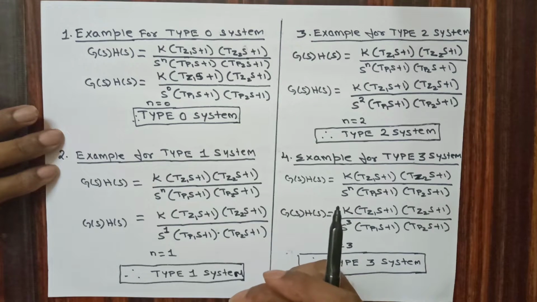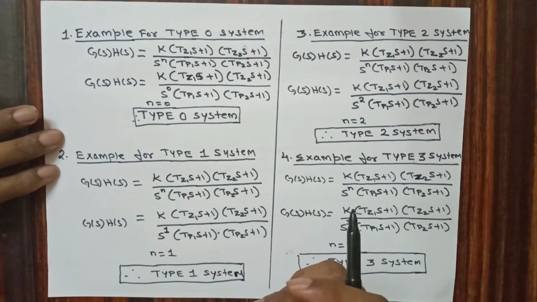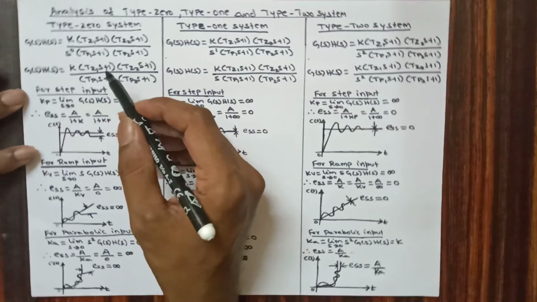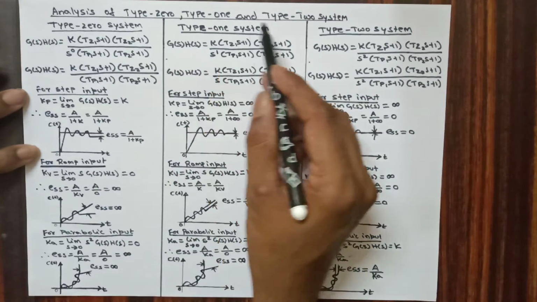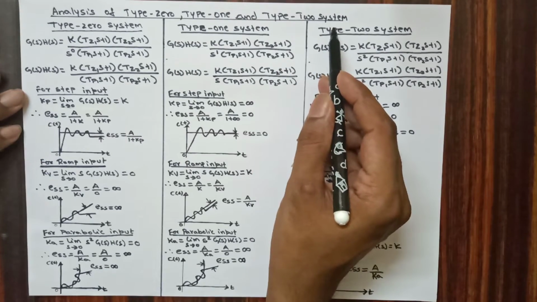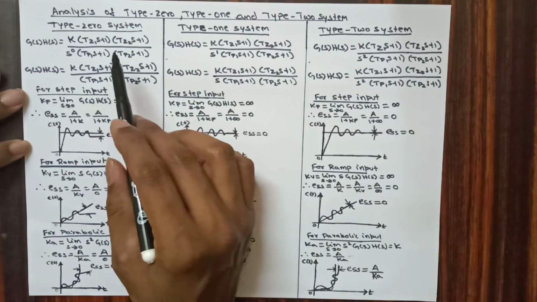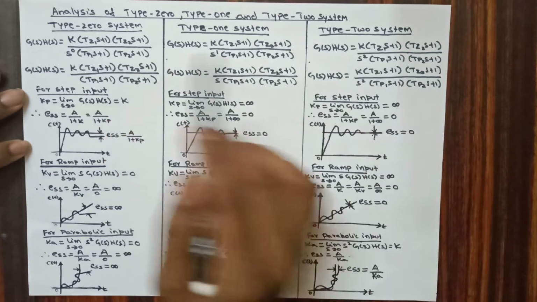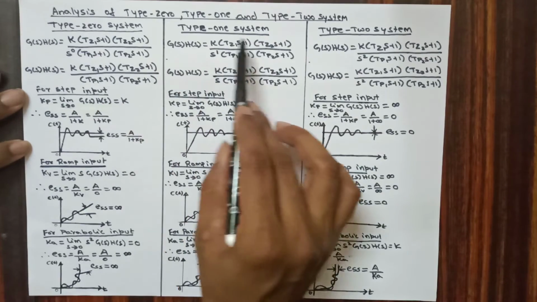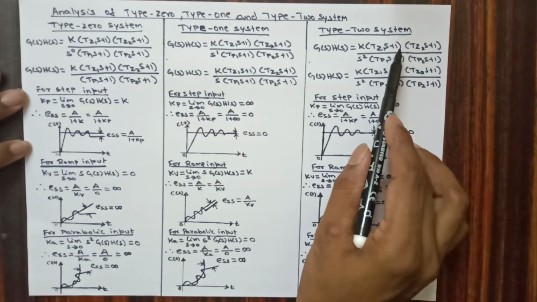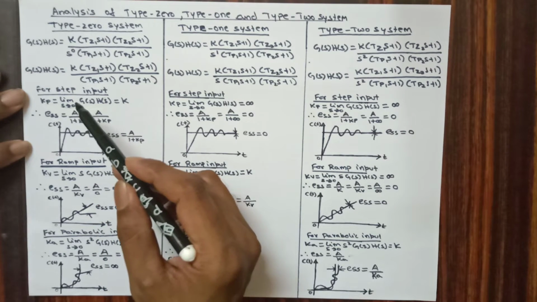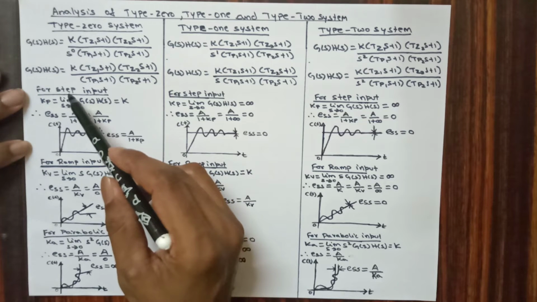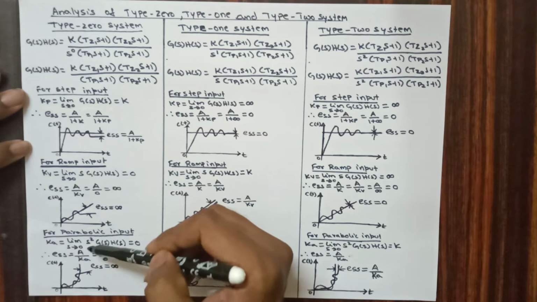Let us see how the type of the system is going to affect the steady state error. Analysis of type 0, type 1 and type 2 system. Here I have considered three types of the system: type 0 system, type 1 system, type 2 system. And I have considered the standard test signals as step, ramp and parabolic.